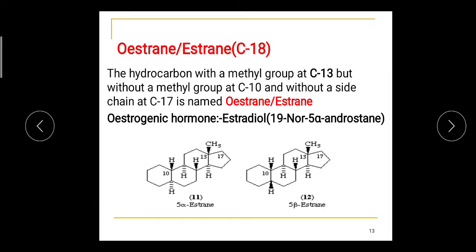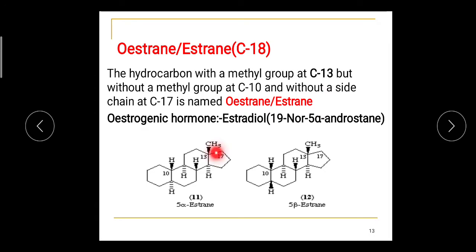Now estrane, the steroidal nucleus having 18 carbons. The hydrocarbon with a methyl group at C13 but without a methyl group at C10 and without a side chain at C17 is named estrane.